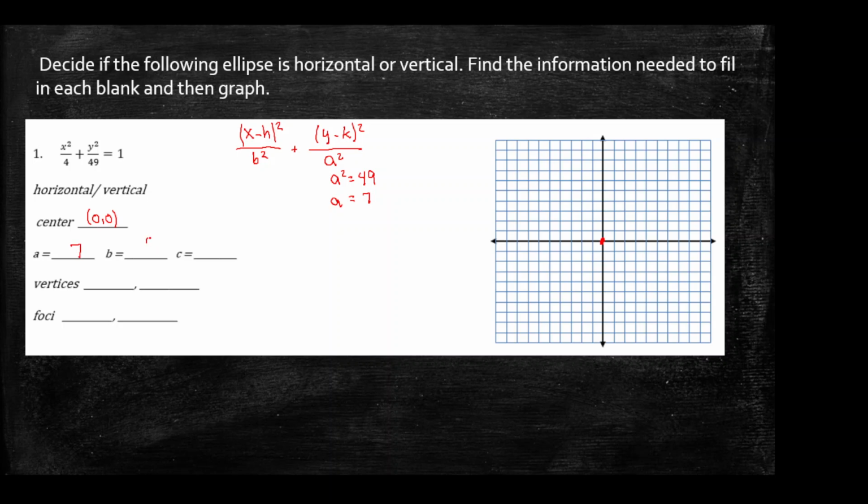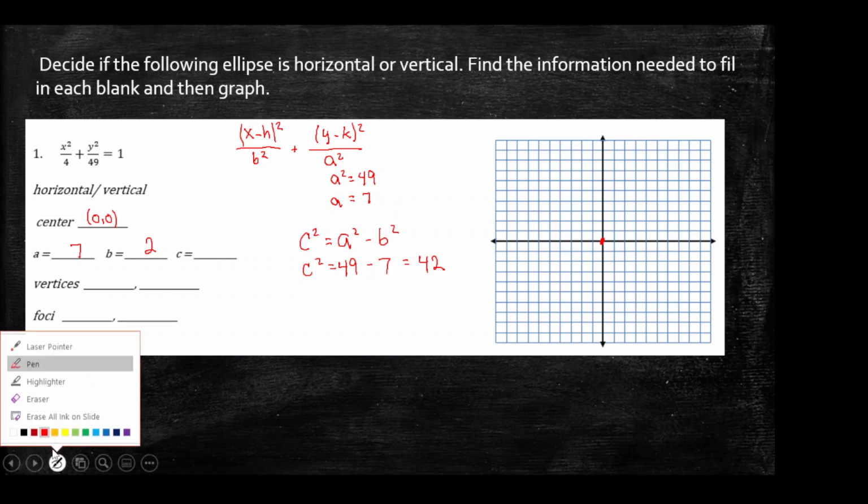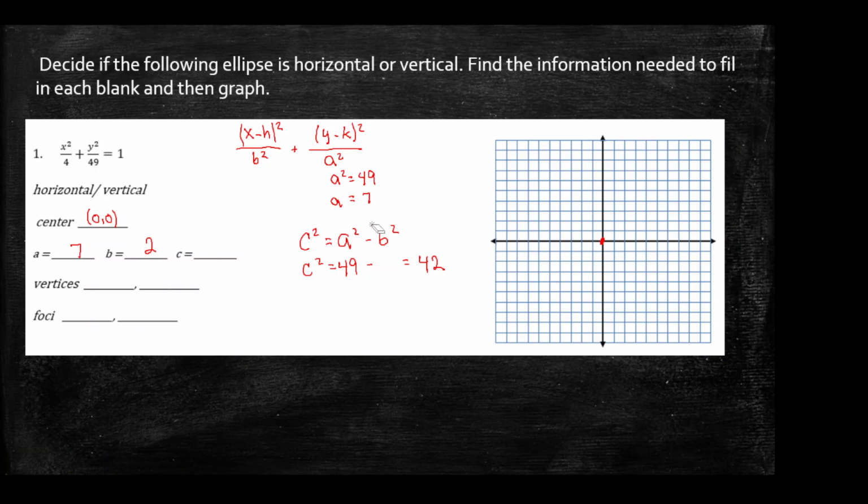So a is 7. b is 2. And now I have to do a little math to find my c value. So c squared equals a squared minus b squared. So c squared then equals 49 minus... how did I get 7 out of that? I'm so sorry, my b squared is 4.